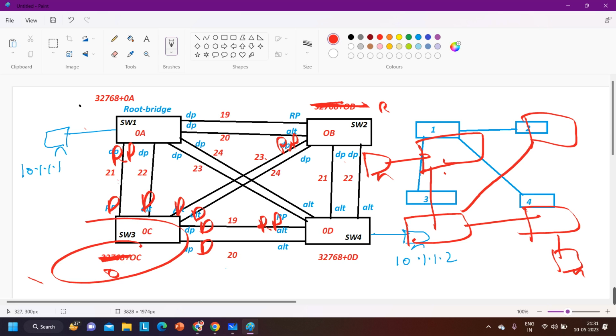Then you have to manipulate the path cost. Yes or no? So for the first task you are allowed to change priority, and for the second task you are not allowed to change root bridge priority.